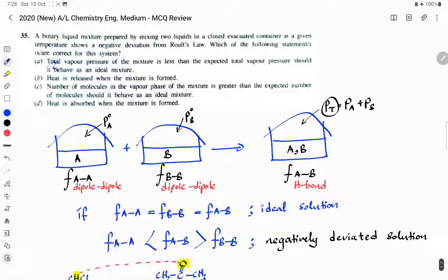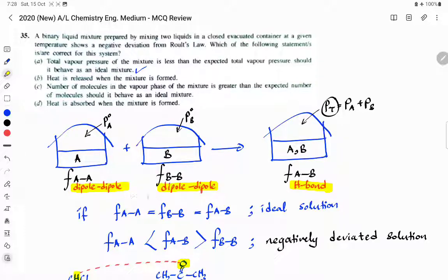First, statement A. Total vapor pressure of the mixture is less than the expected total vapor pressure should it behave as an ideal mixture. That is true. That is why it is a negative deviation. Statement B. Heat is released when the mixture is formed. Now the weak interactions are dissociated and strong interactions are formed.